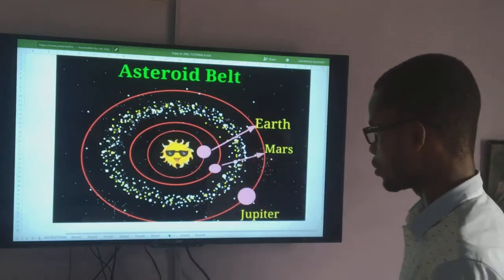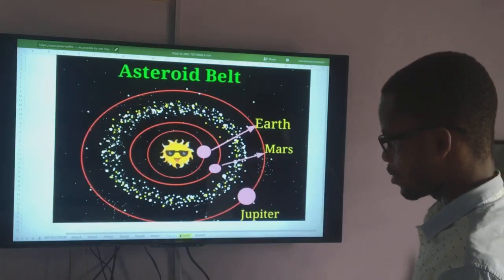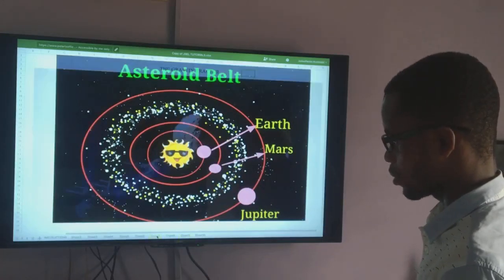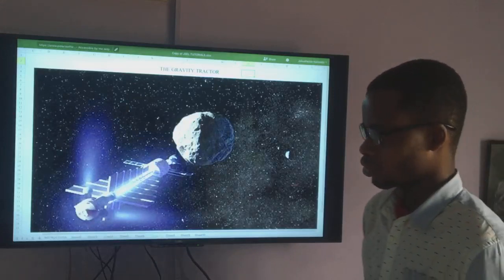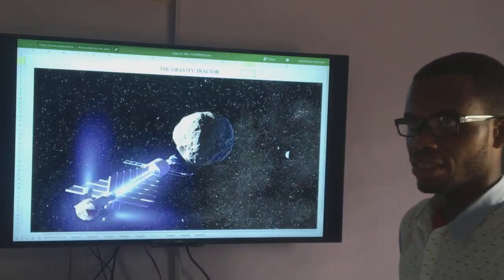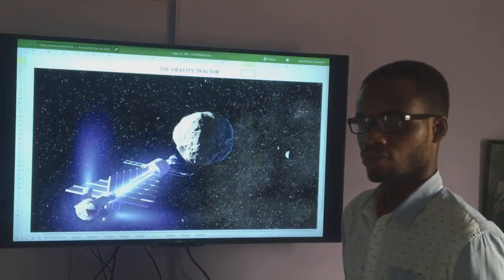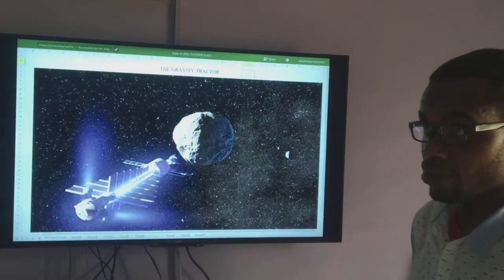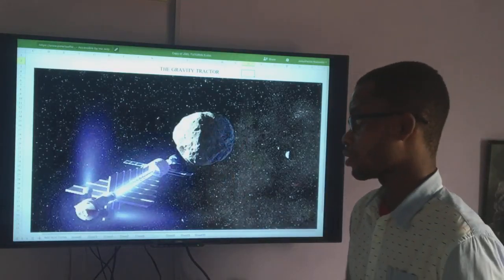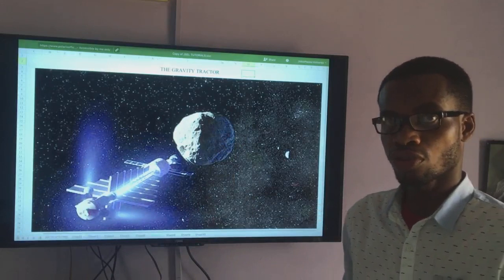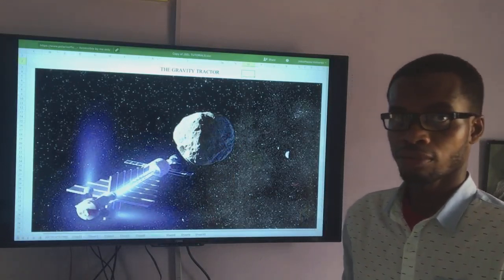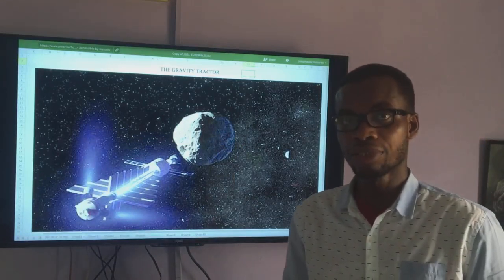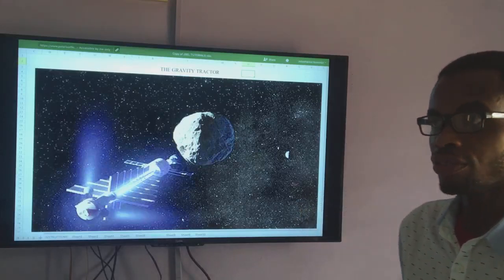There are several researches that have come out to indicate how we can solve this problem, how we can deal with an asteroid. The Massachusetts Institute of Technology is an institute based in Cambridge.